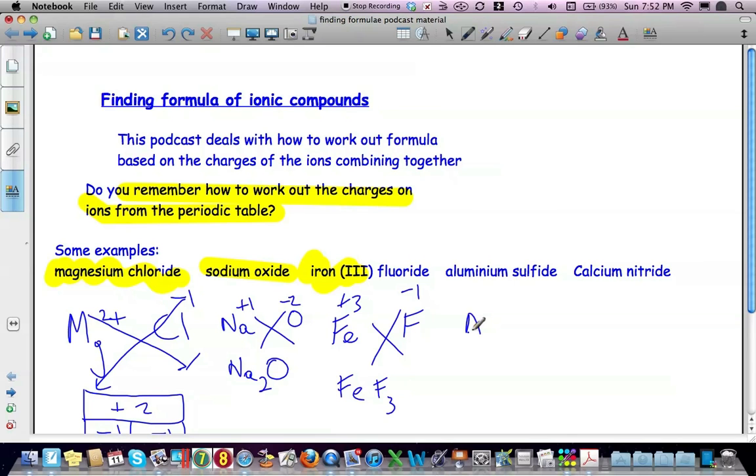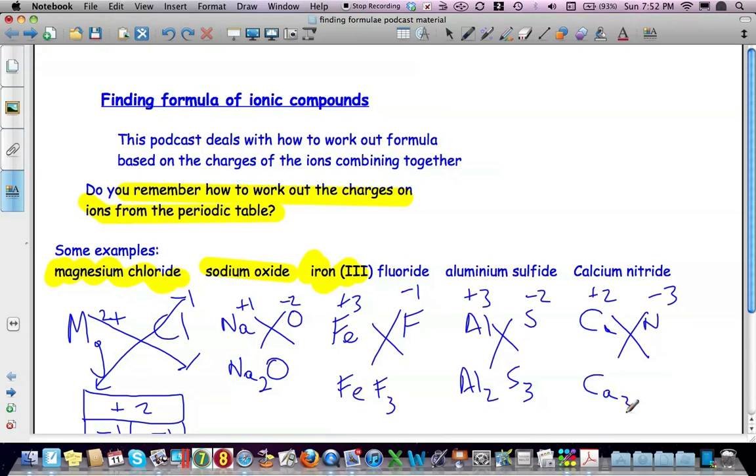For aluminium sulfide, aluminium's in group 3, sulfur's in group 6. Al2S3. For calcium nitride, calcium's in group 2, nitrogen's in group 5. Cross them over, Ca3N2.